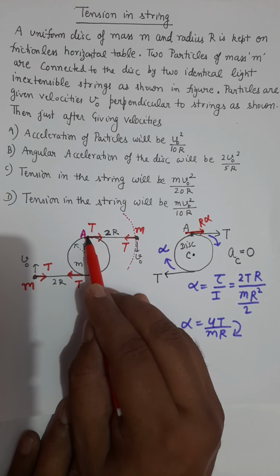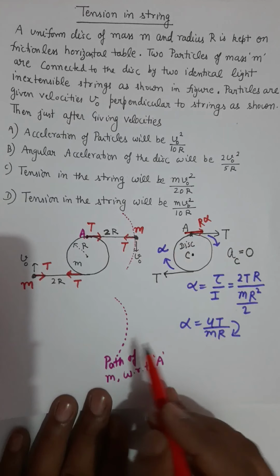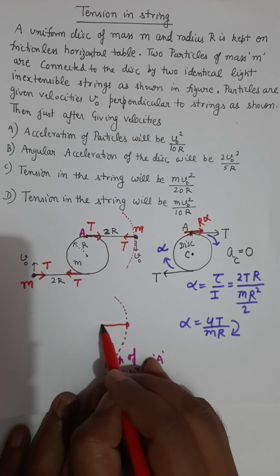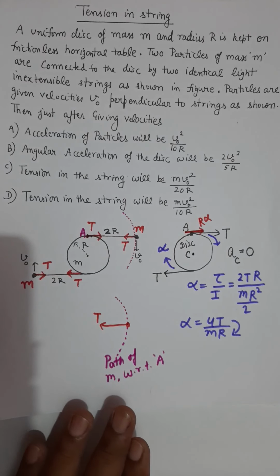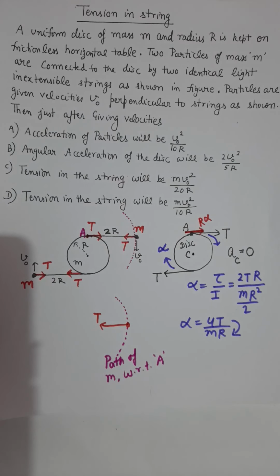So with respect to capital A, the forces on small m will be capital T, which is the tension force, and because A is the non-inertial point, we have to consider a pseudo force on the particle.